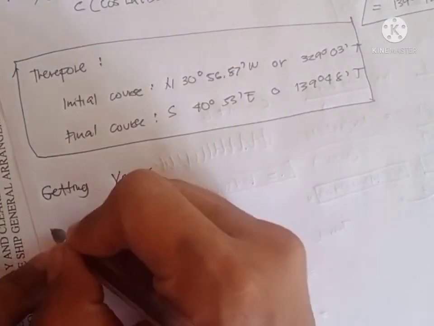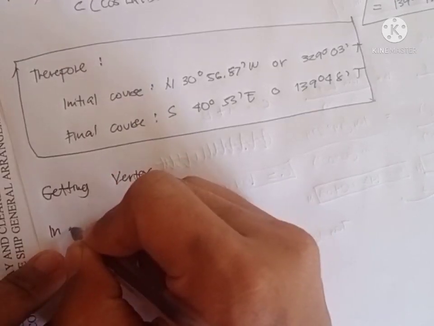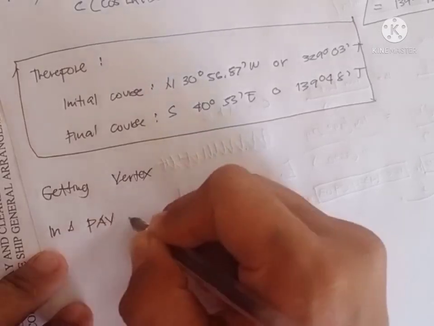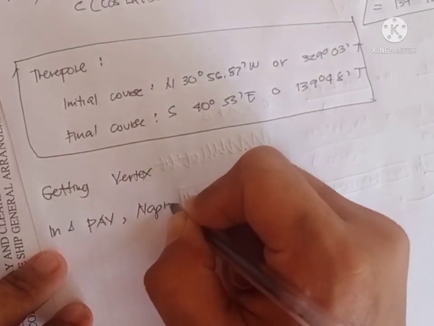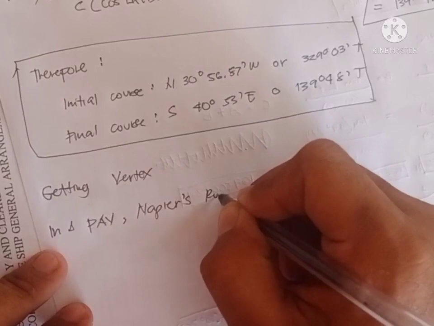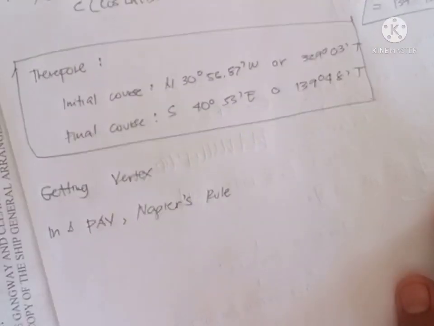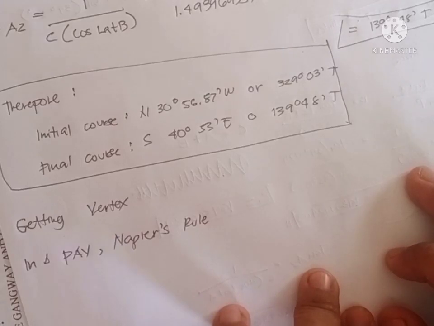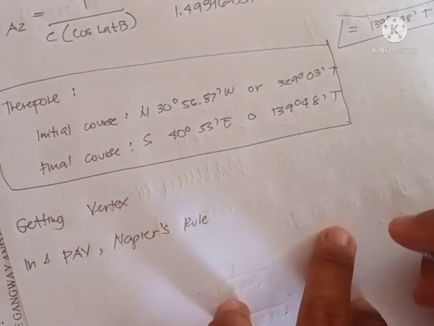In angle of PAV, Napier's rule. So the next thing to do is to draw the circle of vertex.